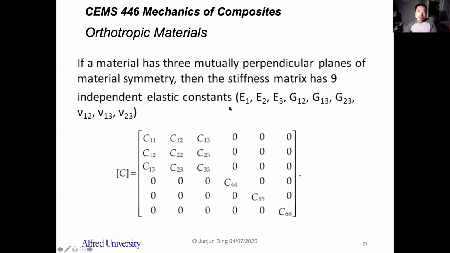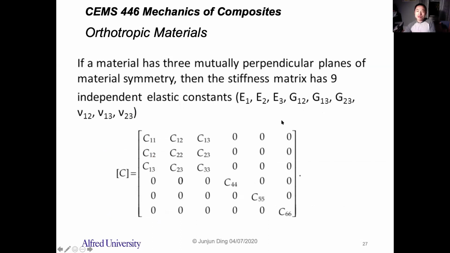If the material has 3 mutually perpendicular planes of material symmetry, the 3-dimensional matrix will have 9 independent elastic constants. So you have Young's moduli in the 1, 2, 3 directions, 3 different shear moduli, and also 3 different Poisson's ratios.